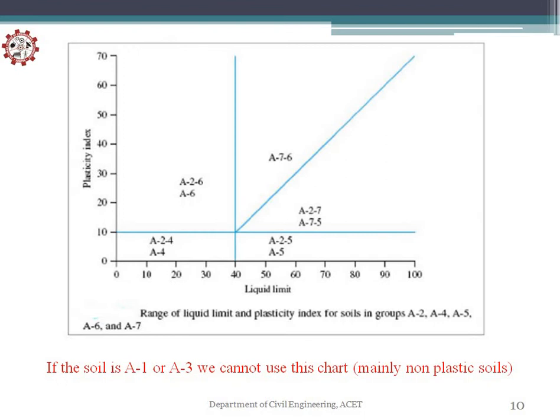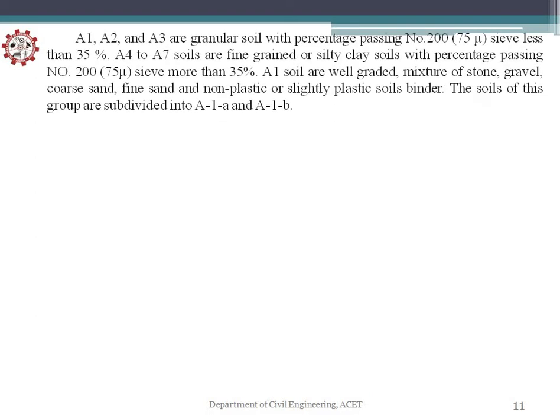This is the graph showing the range of plasticity index and liquid limit from A2 to A7. A1 to A3 are not there because they are non-plastic coarse grained soils. A1, A3 and A2 are those with percentage passing sieve 200, that is 75 micron, less than 35%.